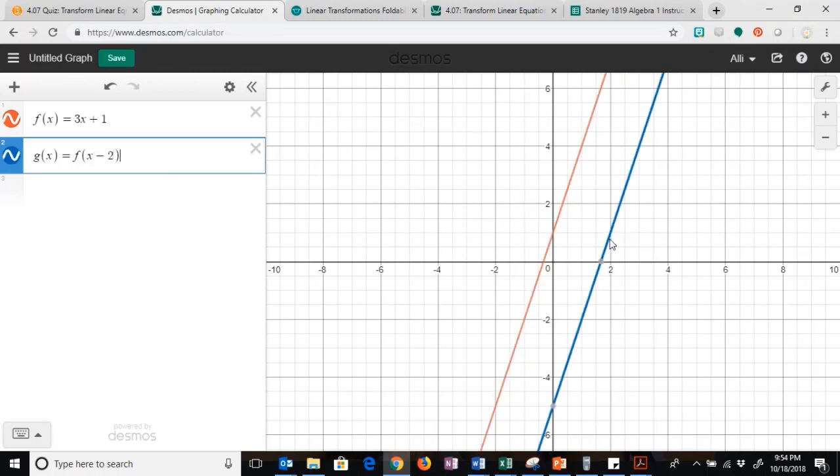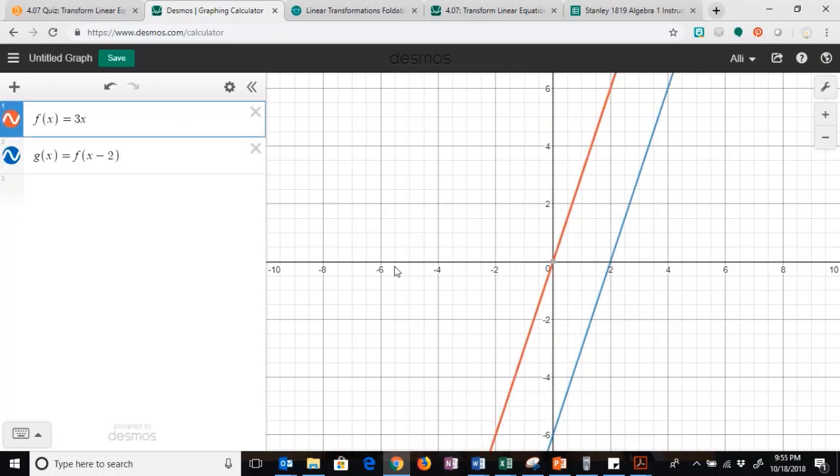Notice how it took my red function and moved it over 2 units. I think you could actually see this better if I look at 0. If my x-intercept is right here, you can see how I've moved it in the right direction, over 2 units.